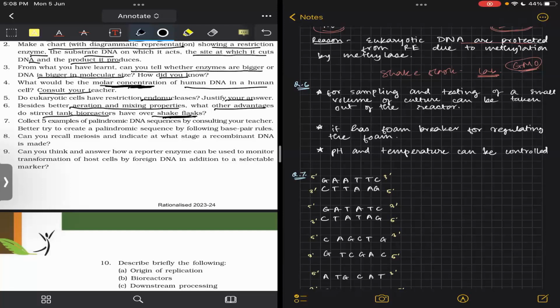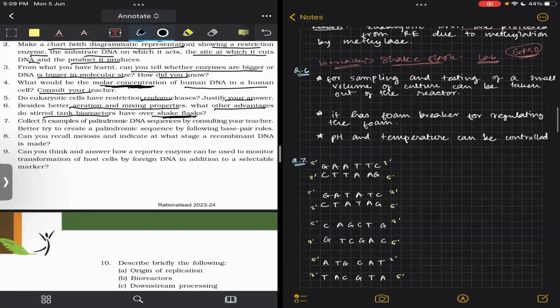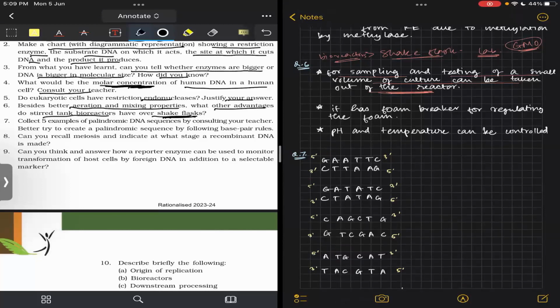So what are the advantages of bioreactors over shake flask? That is the question. So the first would be for sampling and testing, a small volume of culture can be taken out of the reactor. So when we use stirred tank bioreactors, we can easily take out a small sample of the product, and then we can test the quality of the product.